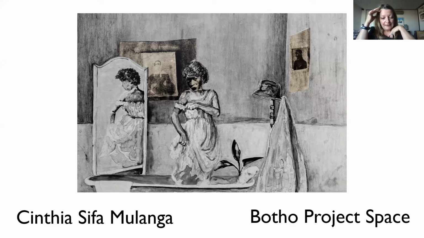She speaks about beauty, and beauty constructed through her lived experience as an African woman. She creates moments almost always in a domestic world, so in houses, by using different mediums.